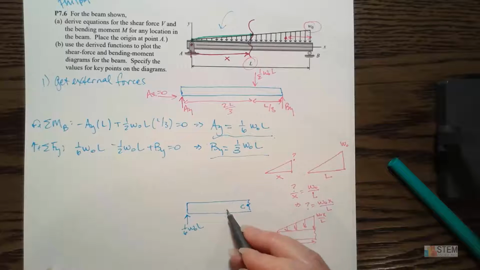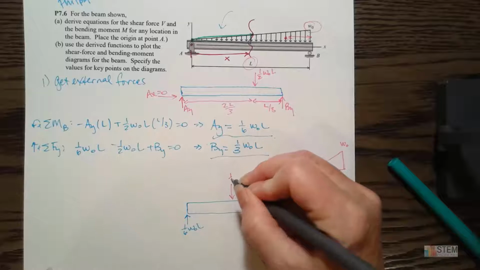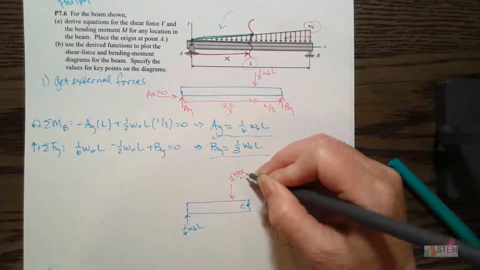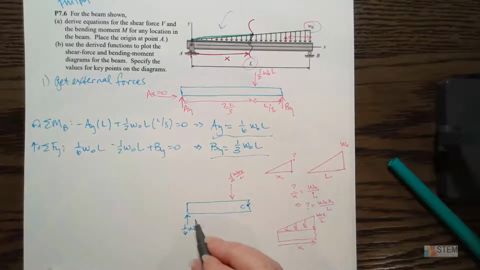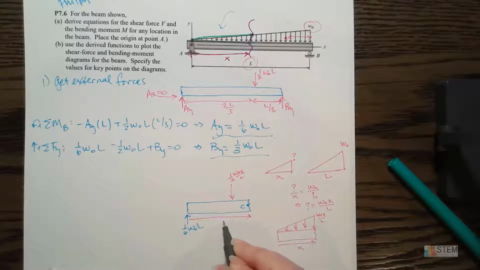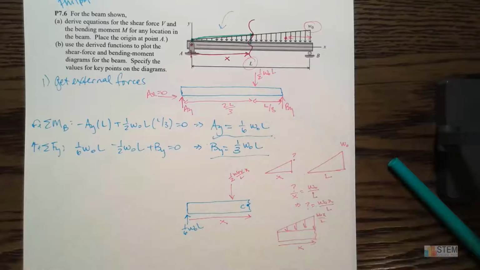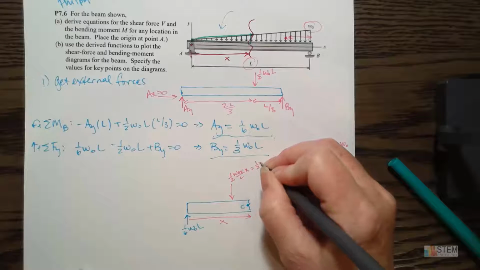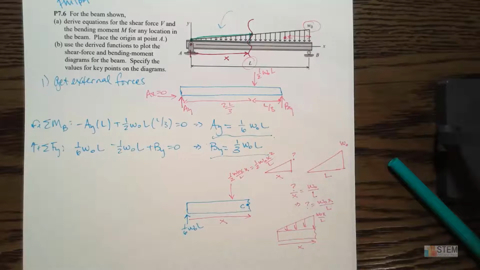Then when I put it on this diagram here, we're still going to use the 1/2 times the intensity, which is now W0 X over L, and then we need the length here, which is X. So we're going to multiply by X. So this is 1/2 W0 X squared over L, right?